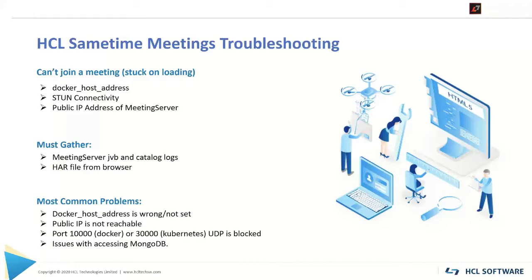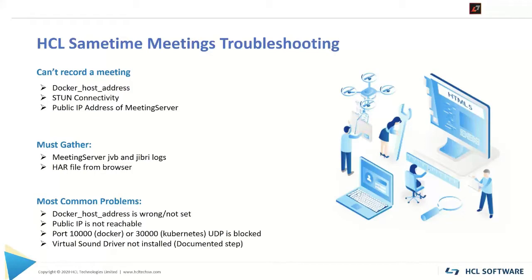So I think I've covered all the most common problems here. Just to reiterate them: STUN, your Docker host address is wrong or not set, the public IP address is not reachable for some reason, which is usually because port 10,000 or 30,000 is blocked at the firewall, and then finally issues with MongoDB.